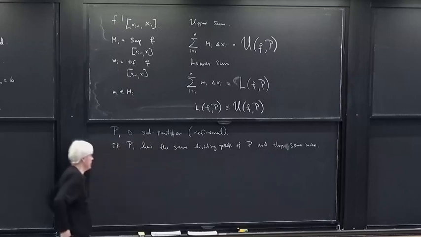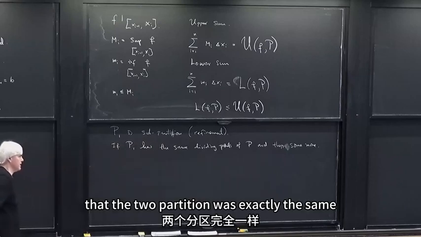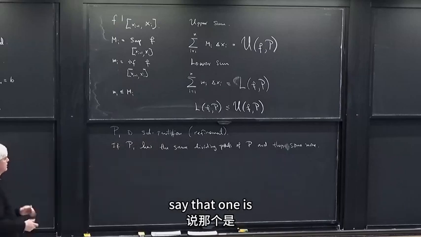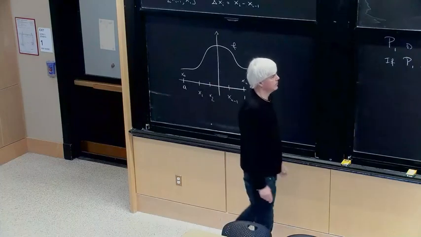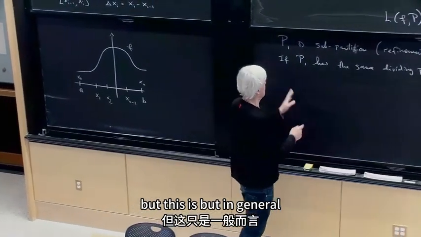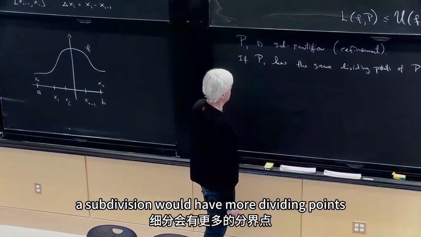You could have that the two partitions were exactly the same, and you would still say that one is a trivial subpartition of the other. But in general, a subpartition would have more dividing points.